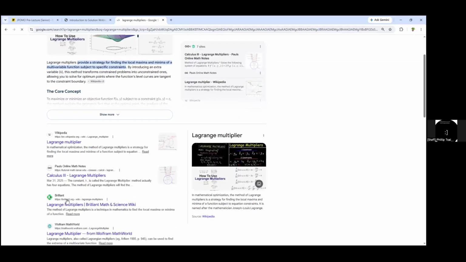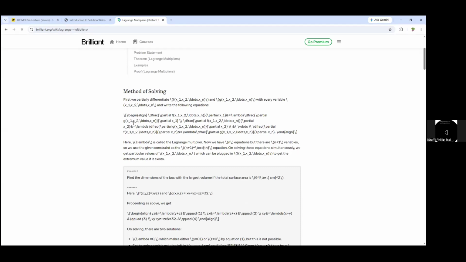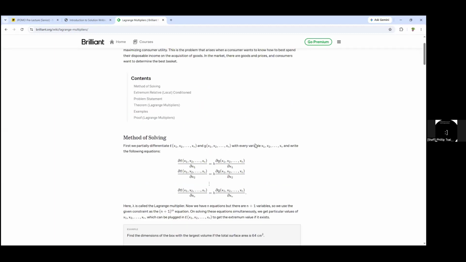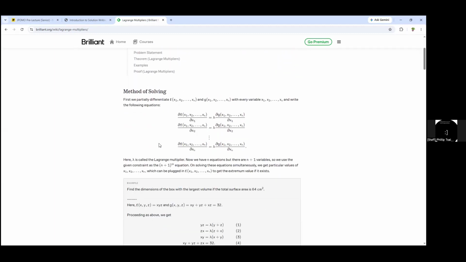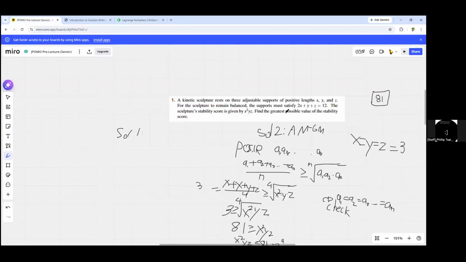So if you're okay with it, the method of Lagrange multipliers is, yes, this is scary, but basically the essential concept is that we take partial derivatives with respect to x, y, and z, or basically all the variables here.